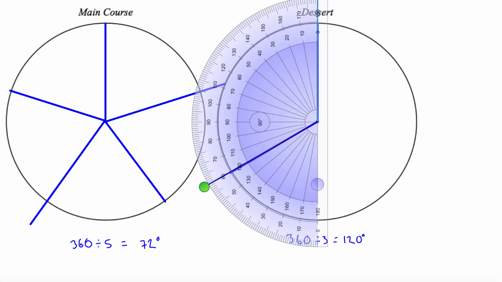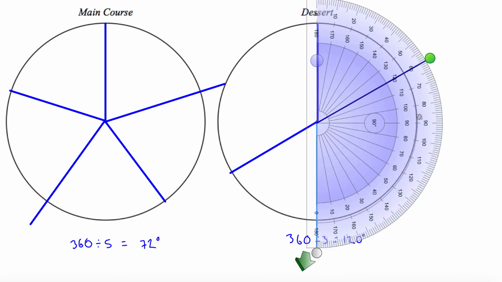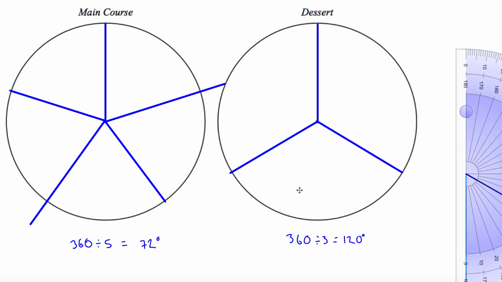And then we're going to do the same on the other side. This time it's going to be 120 in the outside scale, which would be there. And there we have it. So the main course into 5 equal sectors and the dessert into 3 equal sectors.